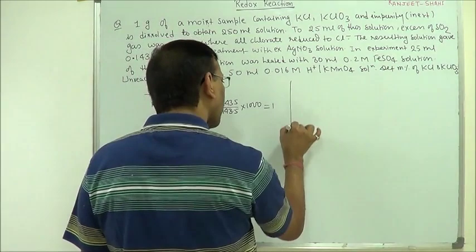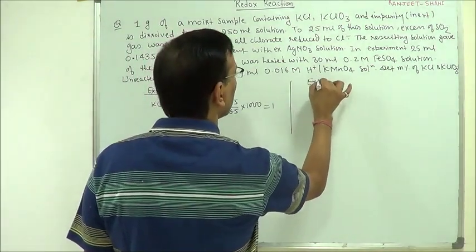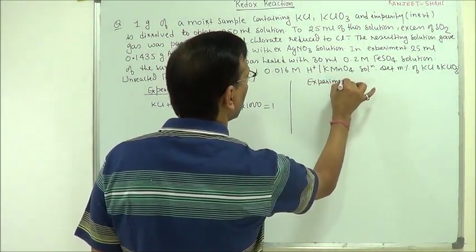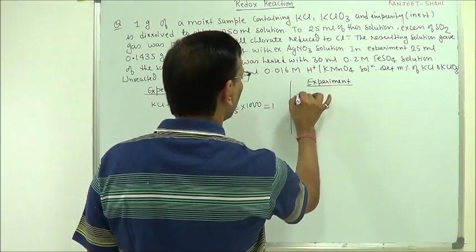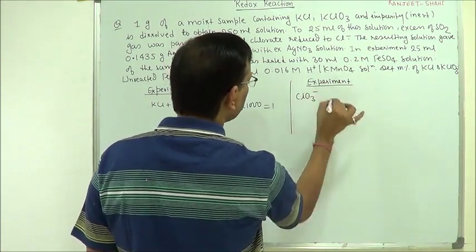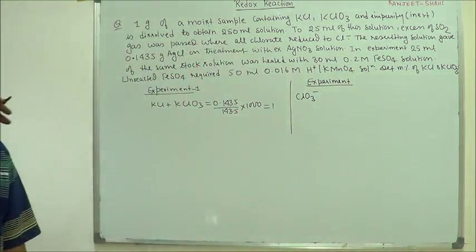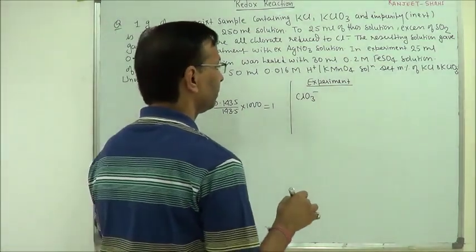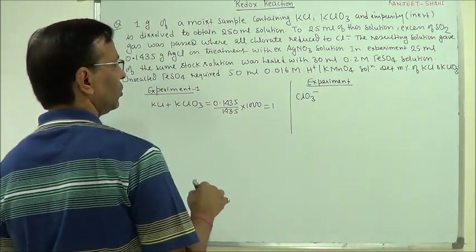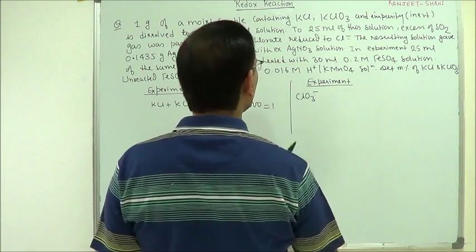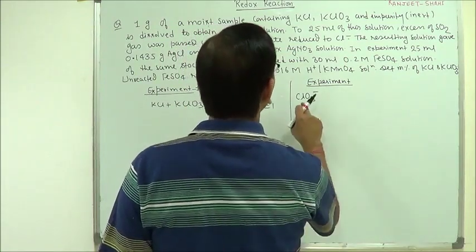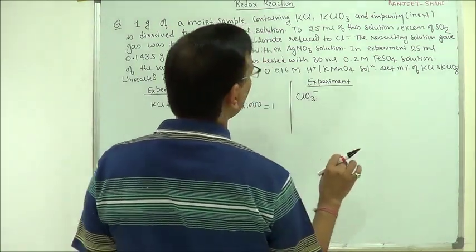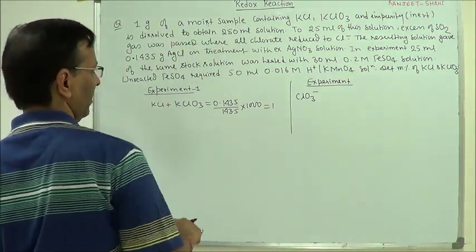In second experiment, only ClO3 minus is being estimated. So milliequivalent of this will be equal to milliequivalent of reducing agent reacted with it.